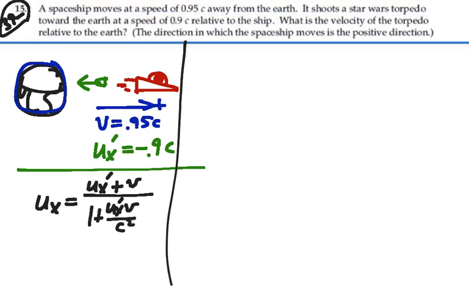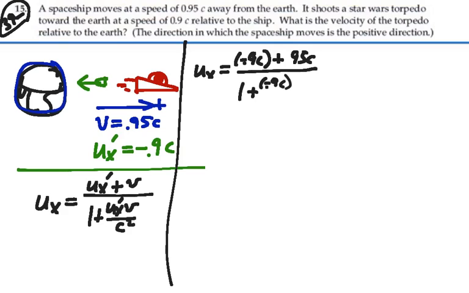Alright, so using our numbers, the event as seen by the Earth is equal to the event as seen by the spaceship, which is a negative 0.9 c, plus the relative velocity of the spaceship with the Earth, 0.95 c, over 1 plus the event as seen by the spaceship, a negative 0.9 c, times the relative velocity of the two frames, 0.95 c over c squared.